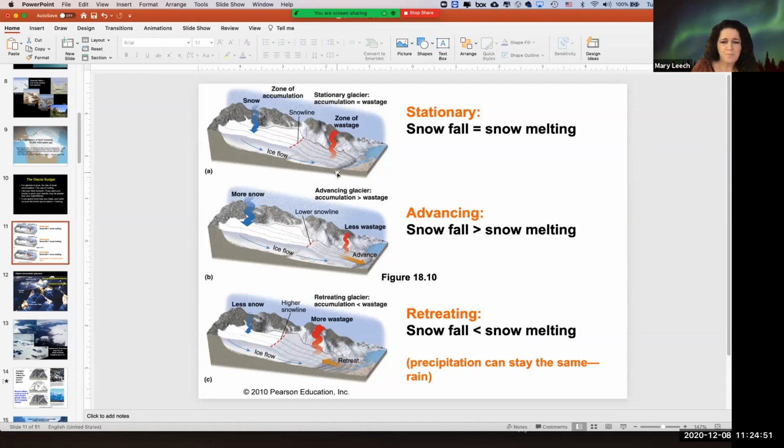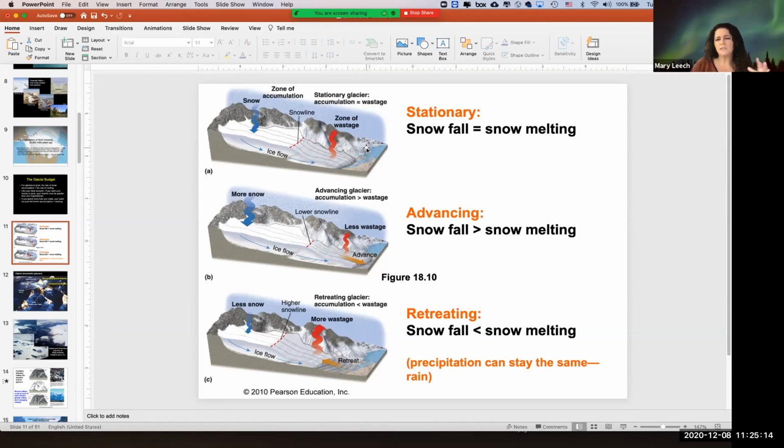And then you have this zone of depletion that's below the snow line where you're not accumulating snow. That's the place where you get evaporation, so you're losing some snow to evaporation.